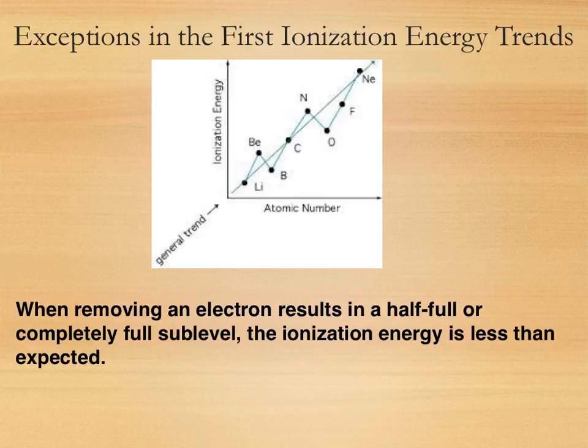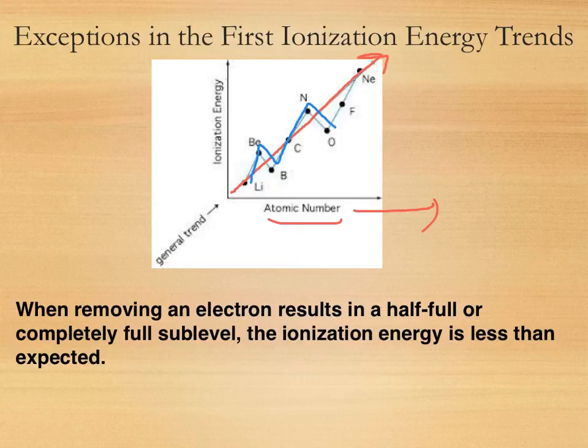So here's a summary of the exceptions that I was talking about. You would predict, according to the trend I told you, that ionization energy gradually increases as you go left to right across a period. And although the trend is definitely in that direction, it's quite erratic. It goes up, down, up, down.